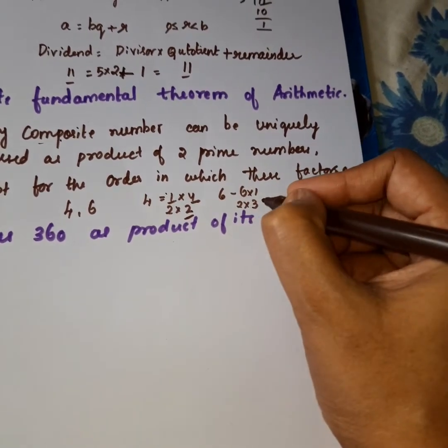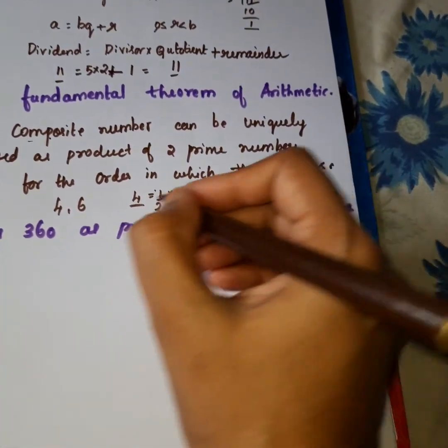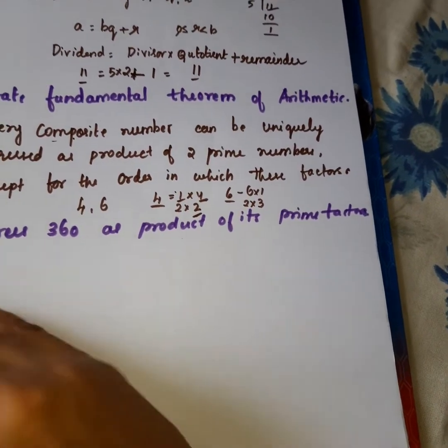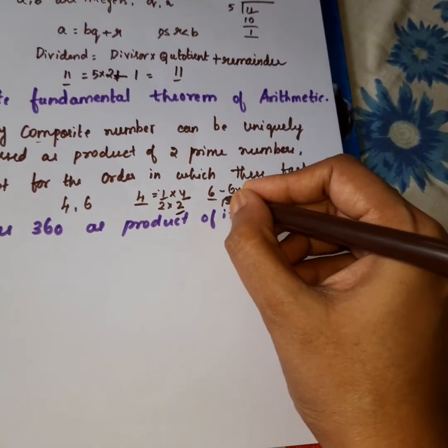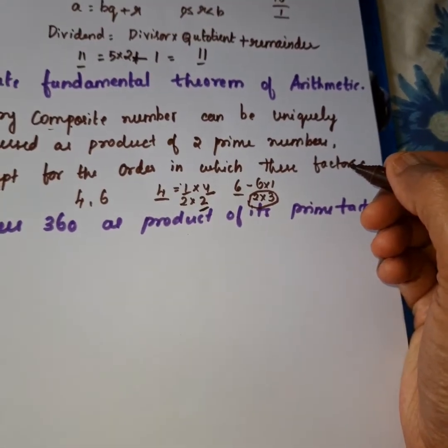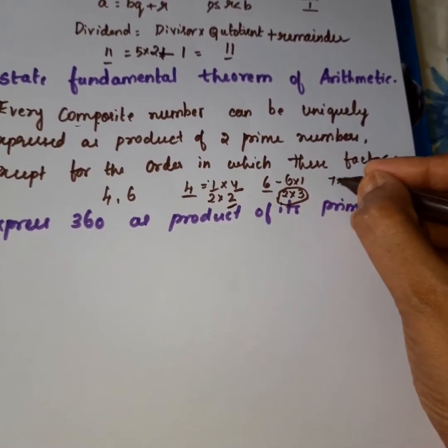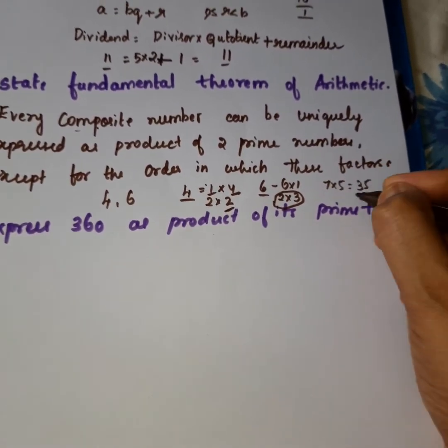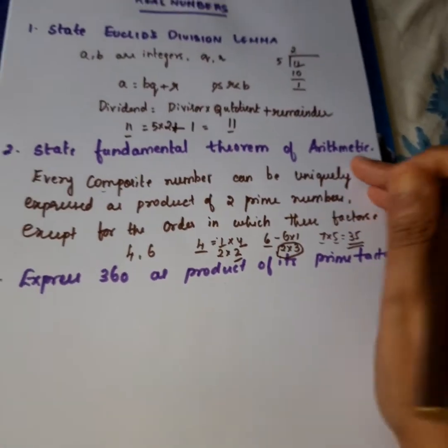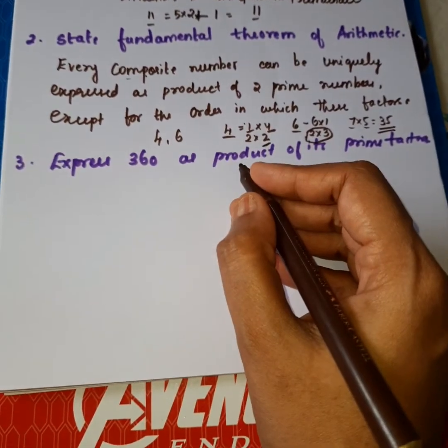Apart from 1 and 6, 2 and 3 are the factors of 6. Same way, a product of two prime numbers gives again a composite number. 7 and 5 are prime, which gives the composite number 35, which has more than 2 factors.